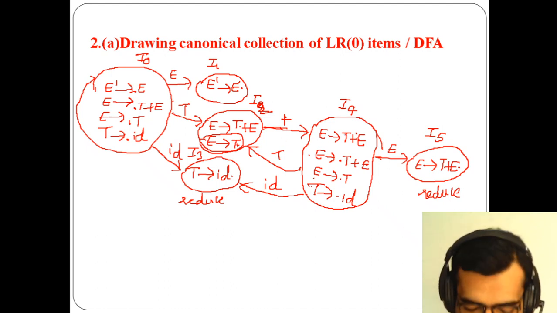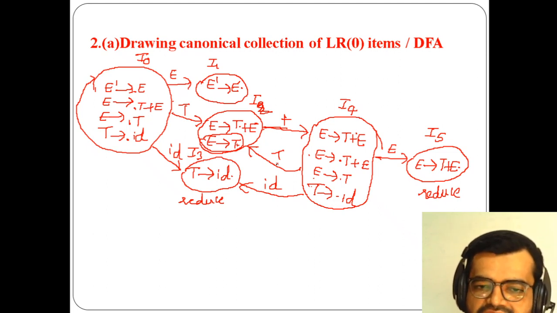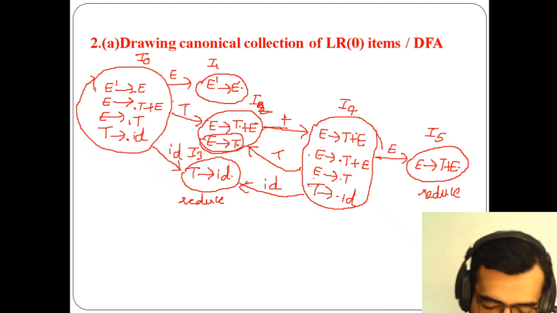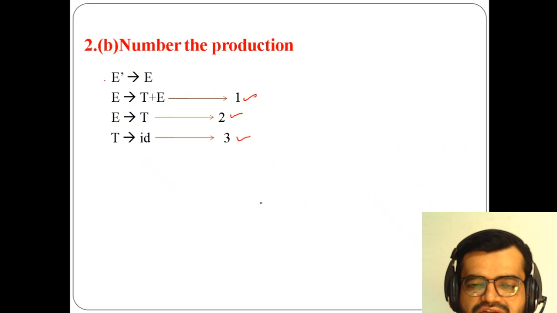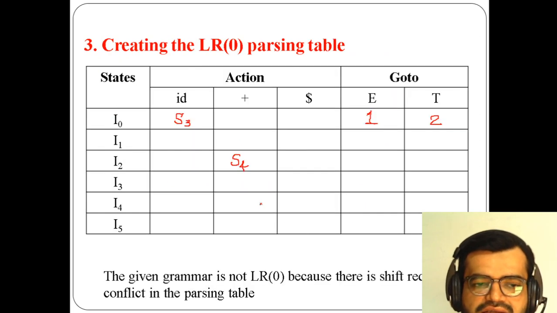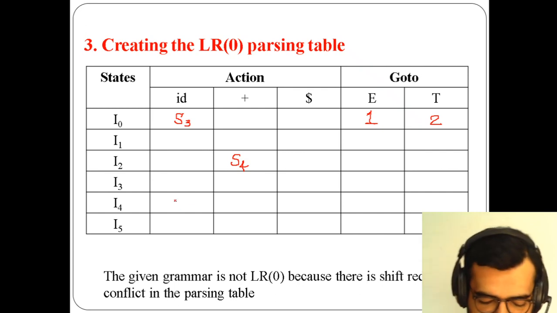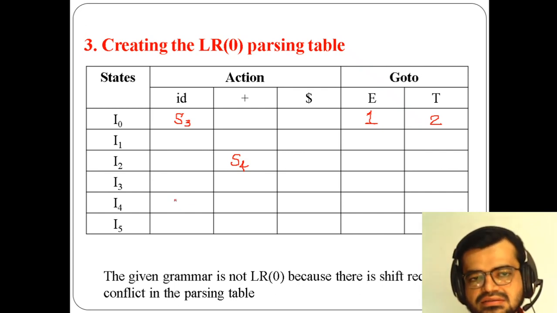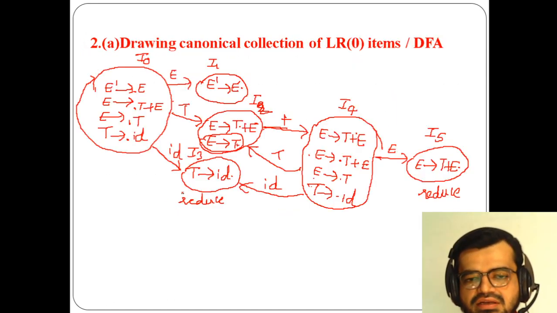But if you come to I4, it is going to I2 with the help of T, and it is going to I3 with the help of ID. Which state is it going to? The third state, right?